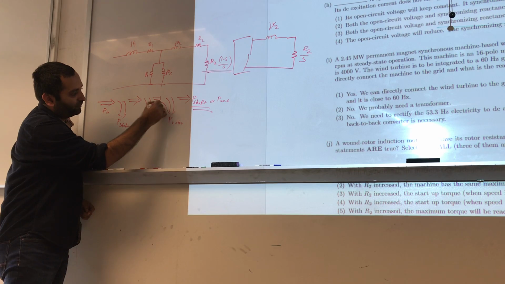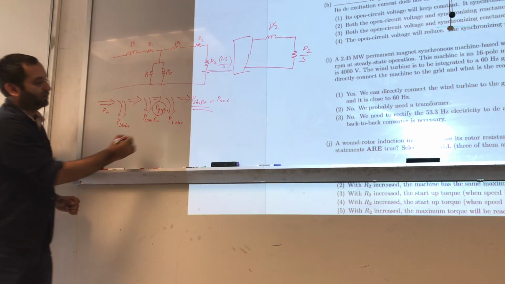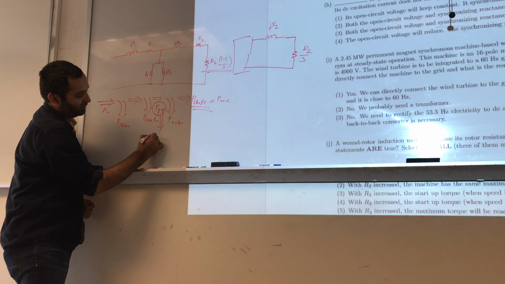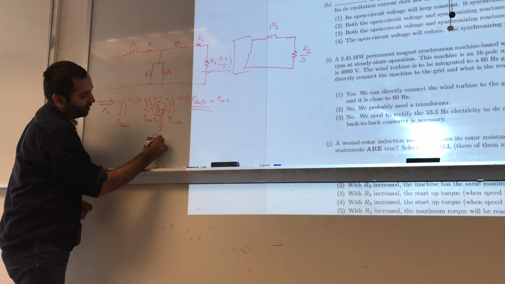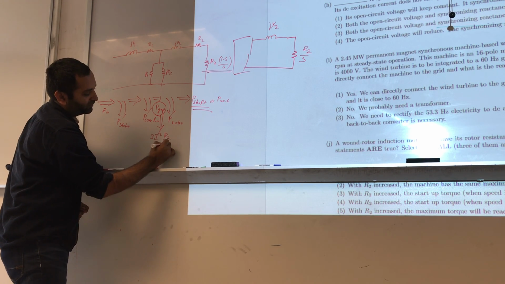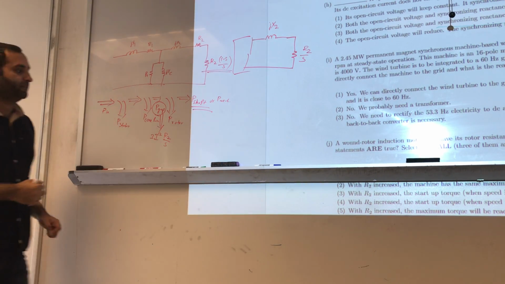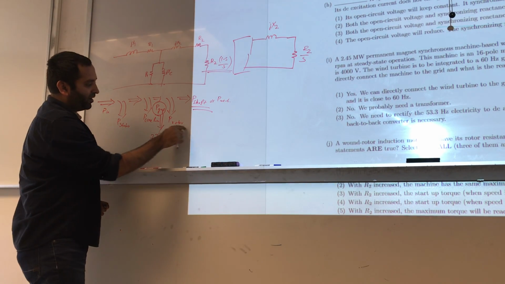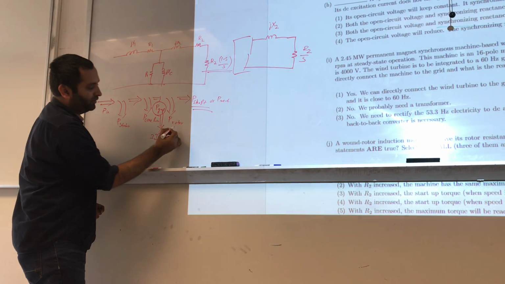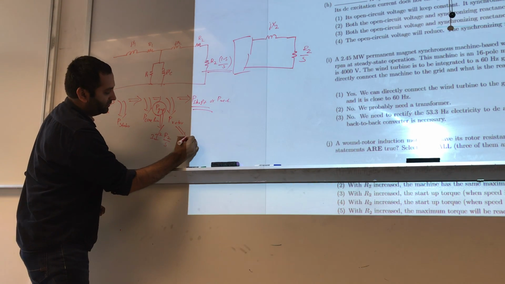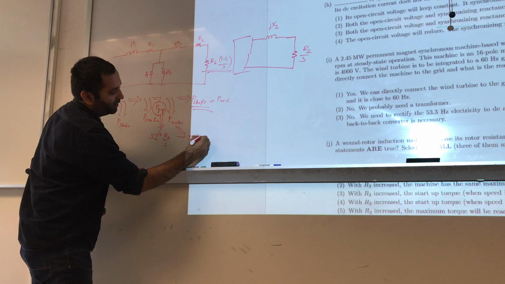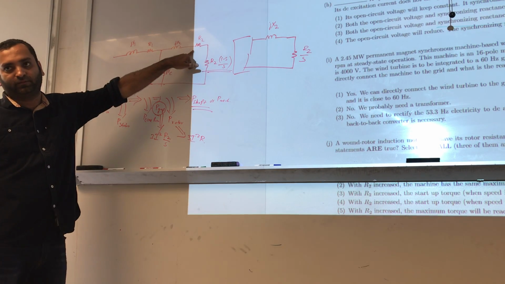You can see this is P air gap, right? What is P air gap? It is 3I squared R2 over S. Then we subtract the P rotor from there. What is P rotor? It is 3I squared R2, just because of the resistance.